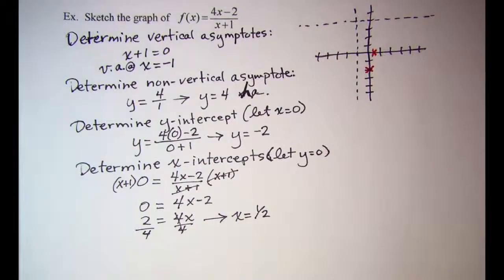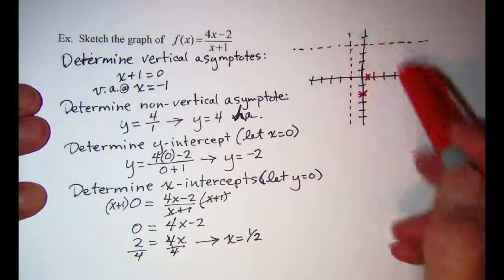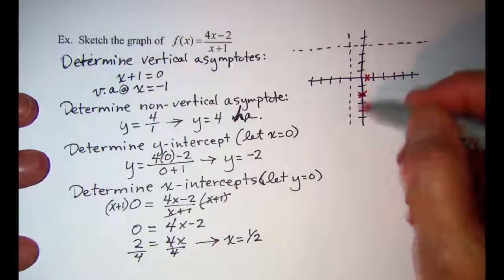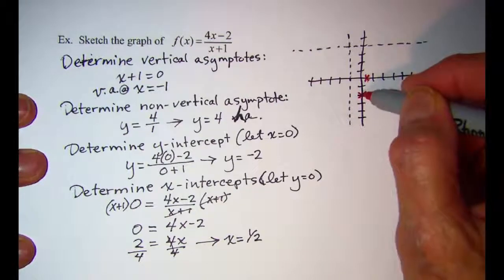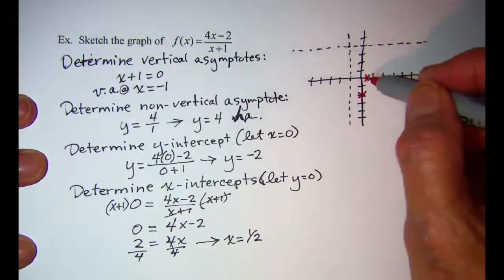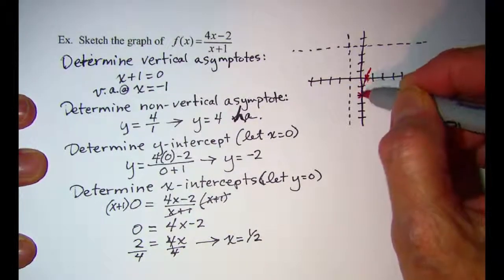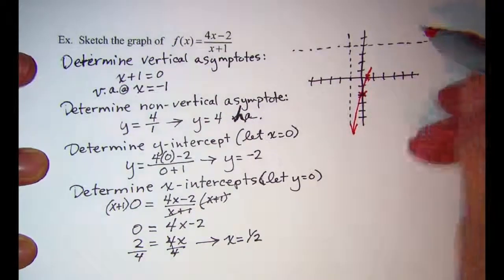We have enough to draw on the right side of our vertical asymptote. We notice that we have to connect these 2 points. We're going to hug the asymptote going down here because we can't go back up. You can't cross the x-axis except where you have x-intercepts. So I'm going to have to come down this asymptote.